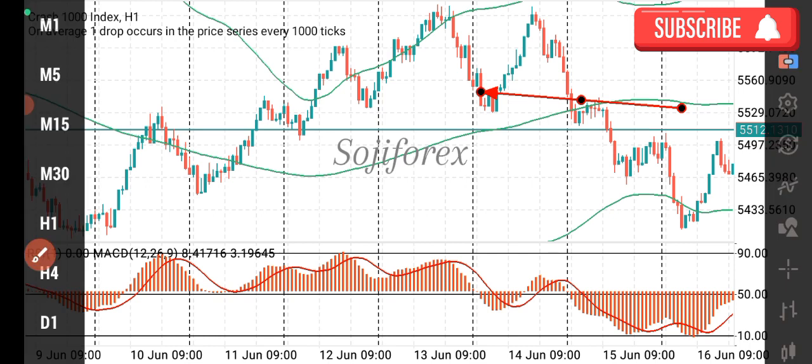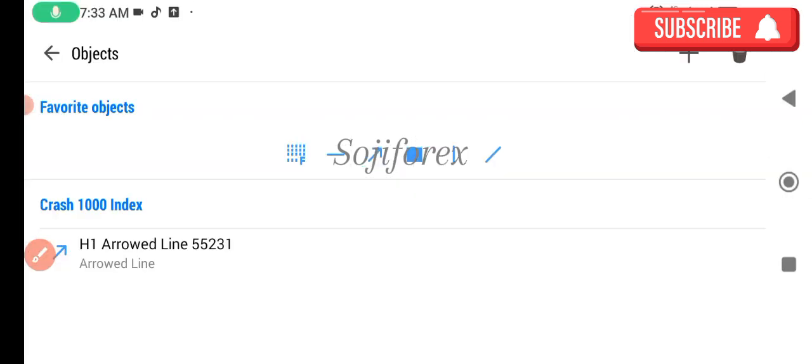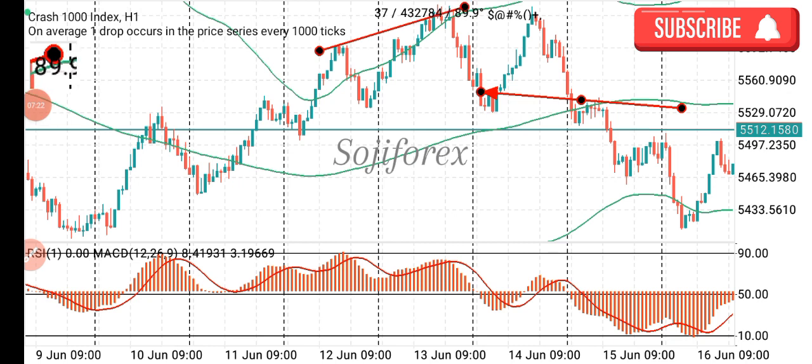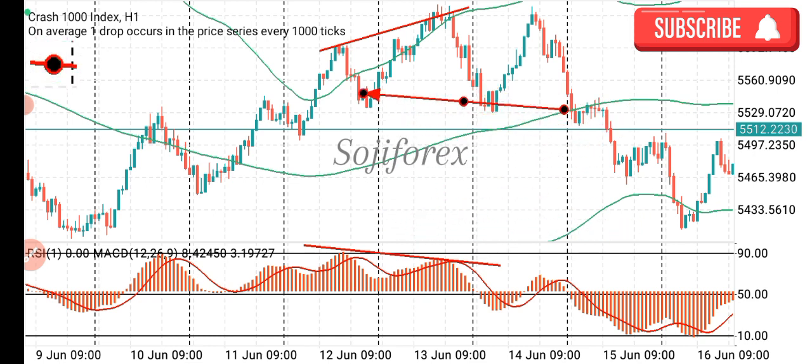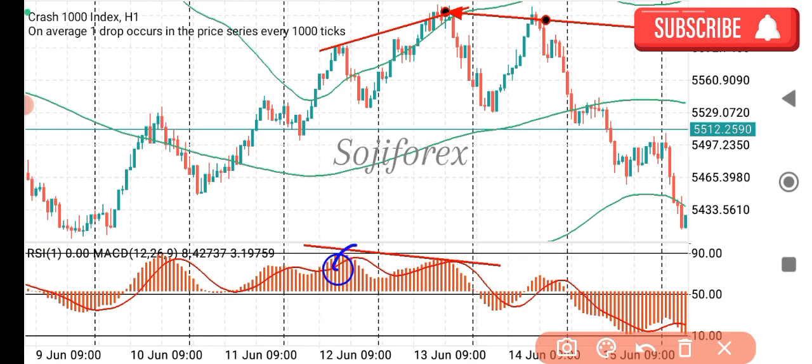What am I saying in essence? In essence, here we are having a higher high, but when we look at our indicator, what it is giving us is a lower high, which signifies divergence, which is the disagreement.